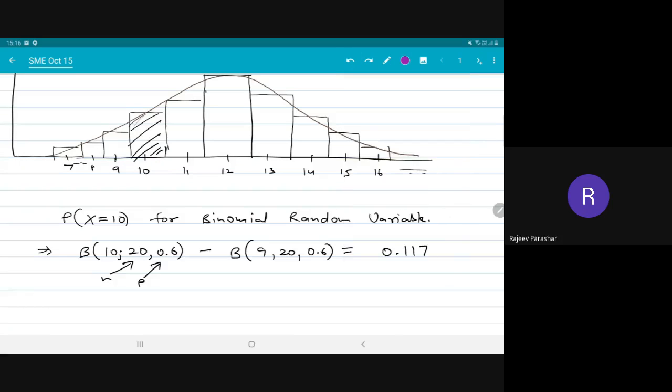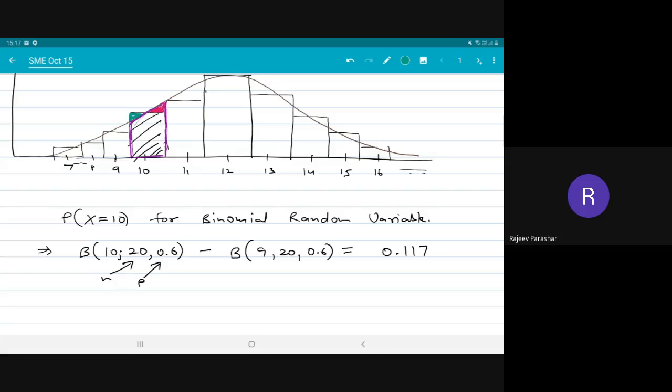For this, let's use blue. Okay, so we will be including this red area that we should not, and we would be excluding this green area that we had included if we use binomial.